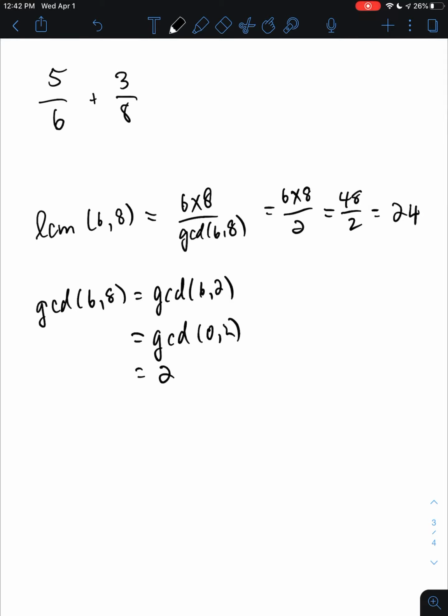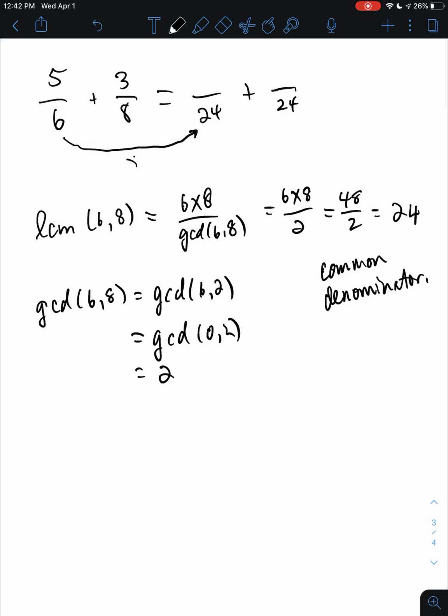So the least common multiple is our common denominator. All right, so with the common denominator of 24, what did I have to do to 6 to turn it into 24? I had to multiply by 4. So I have to do the same thing to 5.